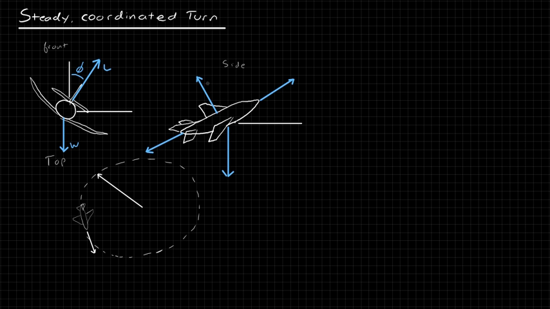So the first thing is that this lift is actually a projection of this lift in the vertical plane. So the lift in the front view is projected onto the vertical plane. So that makes this L cos phi. Thrust is just thrust, drag is just drag, and weight here is just weight. Okay, now this angle we know as the climb angle, or gamma.